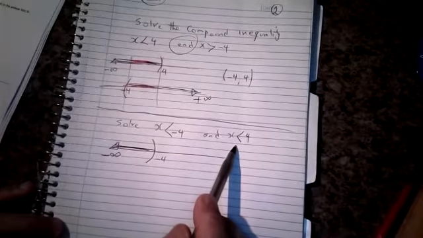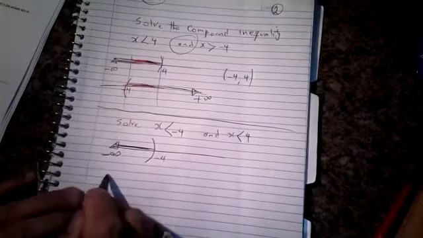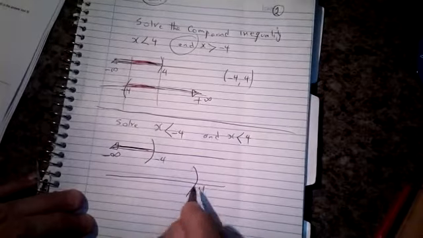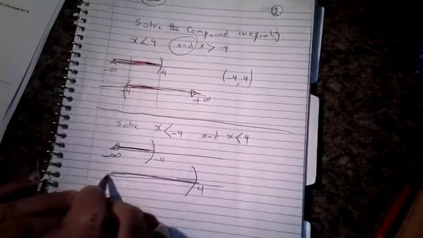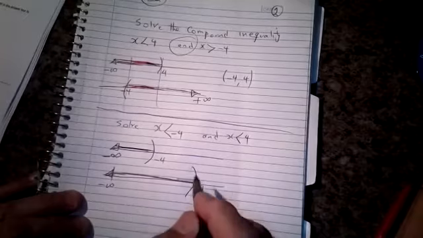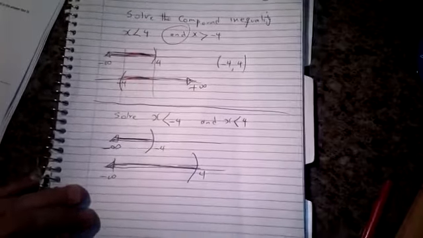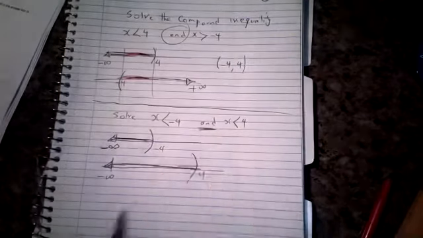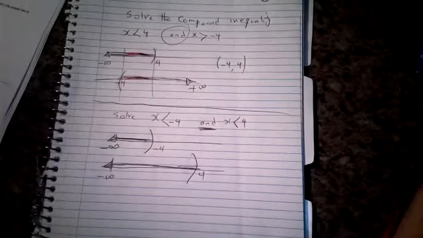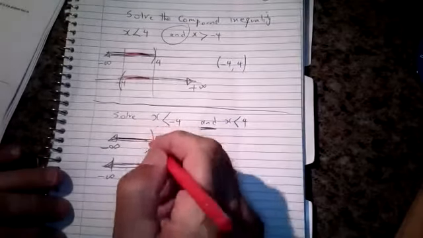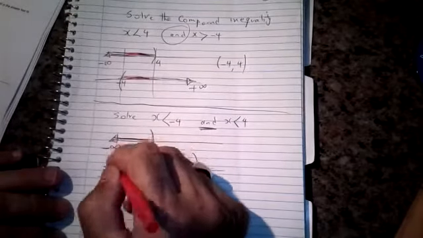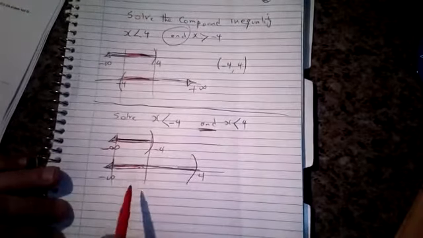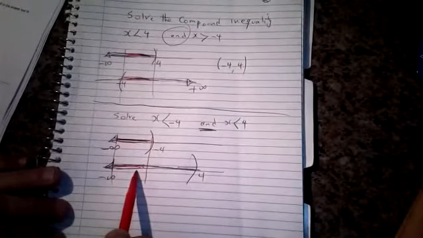The other one is x less than 4. And again "and" means you overlap these two to see what part they have in common. They both have this section in common, from here to here.